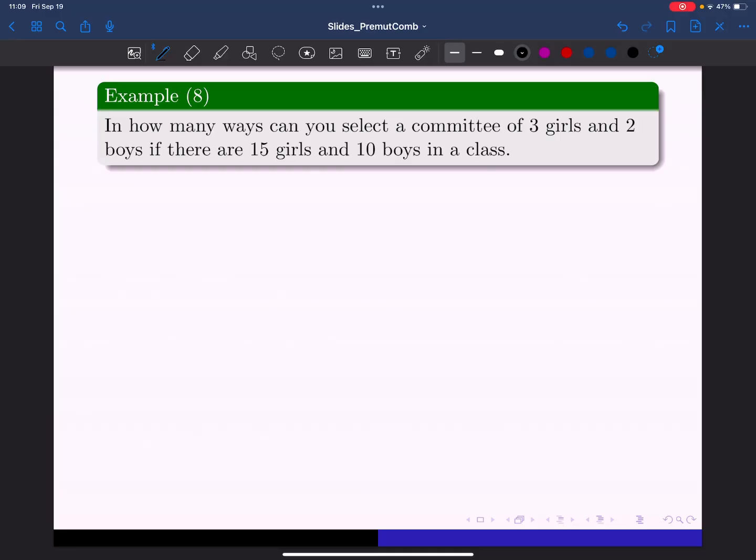So we have combination, 15 girls, we're going to choose 3, and then I'm going to choose 2 boys from 10 boys. And we will multiply the choices because we need both together. The rest we can either type or multiply.